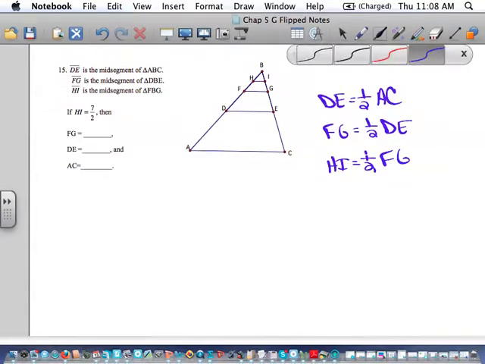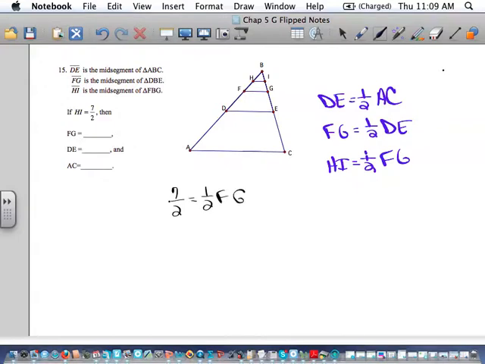And after you've established that the midsegment is equal to 1/2 the length of that third side, it becomes a lot simpler to find the lengths of the segments you're looking for. So now you're looking to find FG. HI is equal to 7/2. So if HI is equal to 7/2, what is FG equal to?